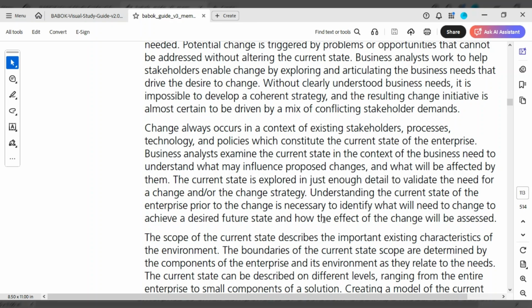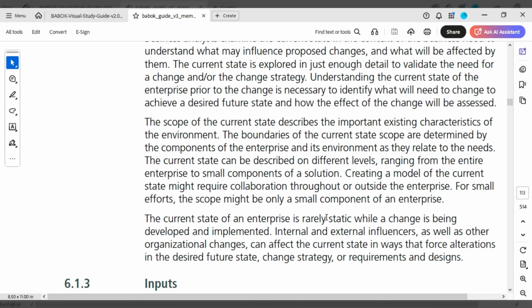Understanding the current state of the enterprise prior to the change is necessary to identify what will need to change to achieve a desired future state and how the effect of the change would be assessed. Remember, whatever change you are bringing in, it would affect your stakeholders, their policies, their process, all over their technology. So you are not just bringing in change, you are doing a hell of a lot of things at the same time.